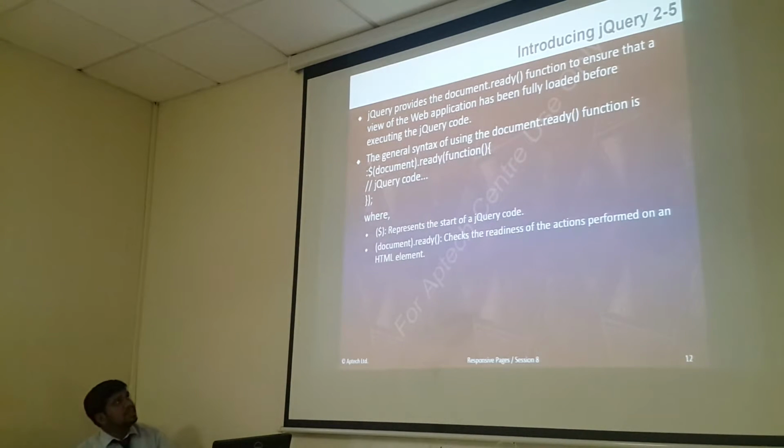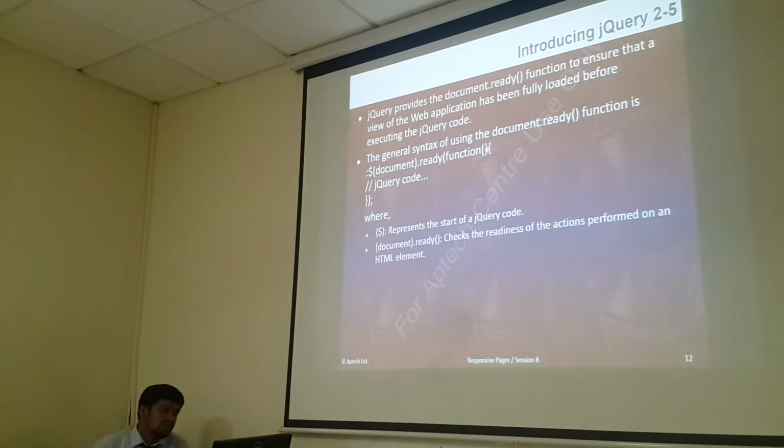The general syntax is that whenever you write any jQuery, it should start with the dollar symbol, followed by document. Document can be any name, such as your file name, element name, or ID, for example if you give an ID to a text or paragraph. Then comes the dot ready function. After that, you open and close the brackets, and within this you write a function. Always it should start with dollar.